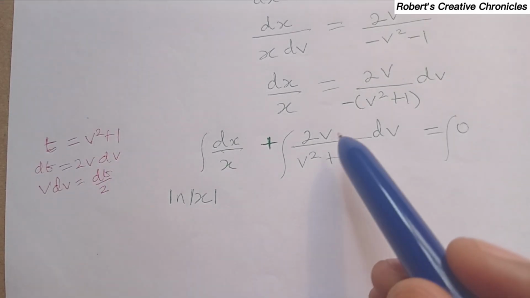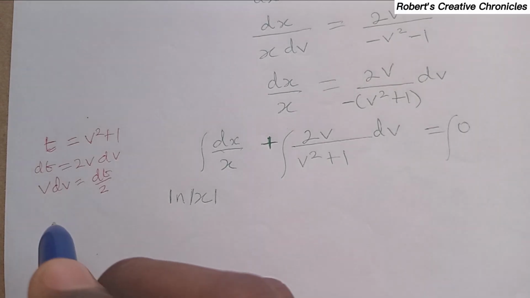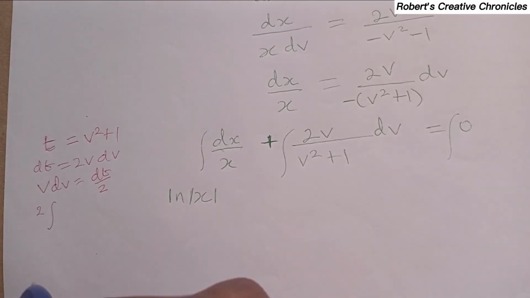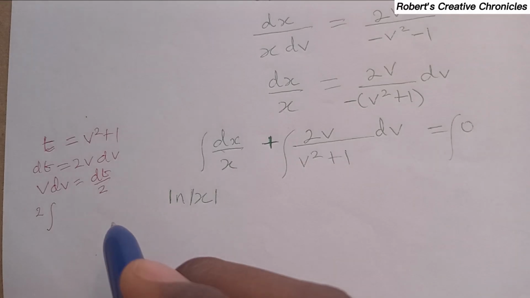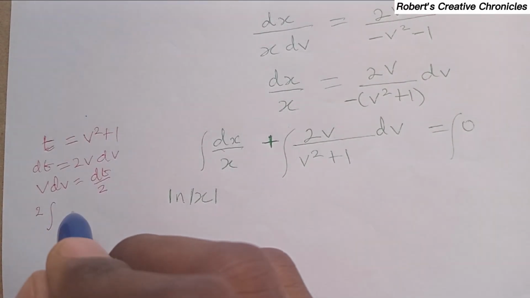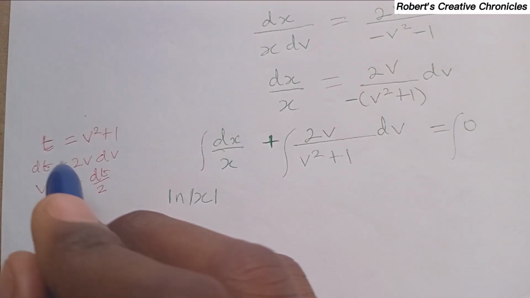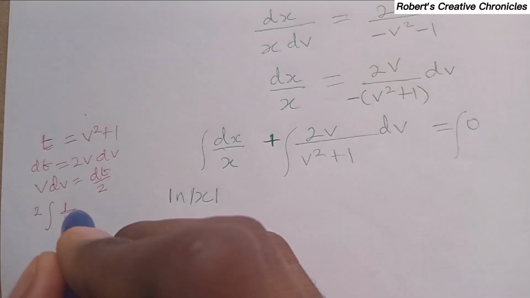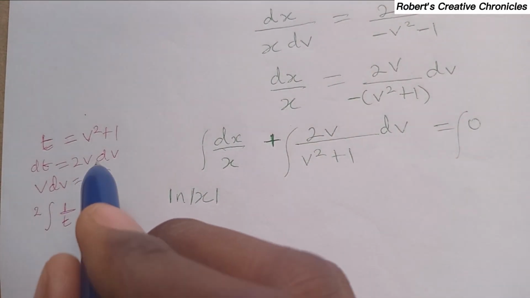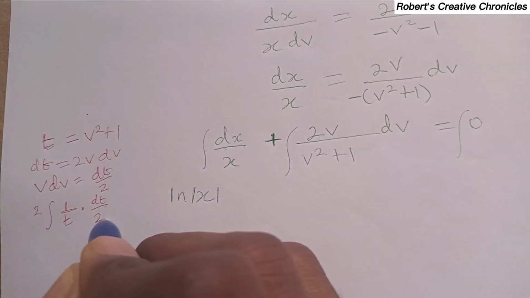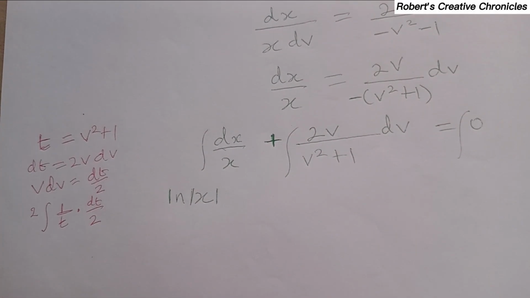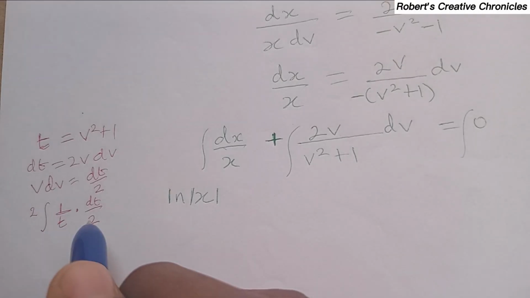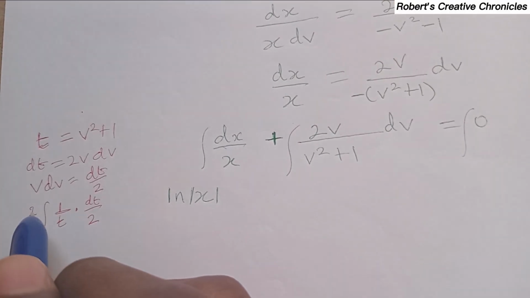So now we will put this in this equation. It will be what? Integral of what? V squared plus 1 we have equated to t, so it will be 1 over t times this, the t over 2. So now we are going to bring out this 2 when it comes out here to cancel this 2.